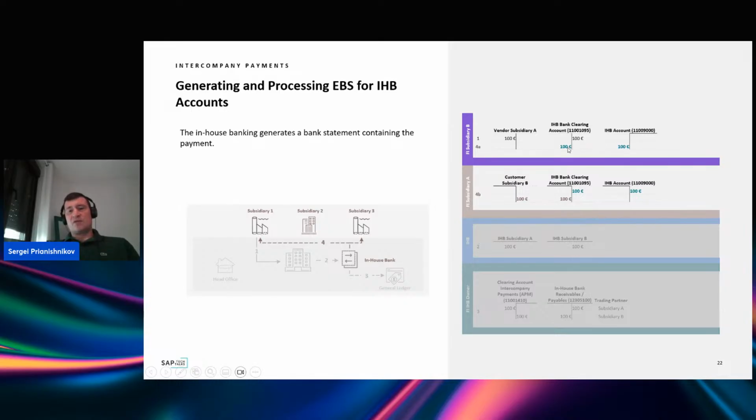When the bank statement is processed on the subsidiary side, the system generates a posting to the in-house bank account. For one subsidiary it will be debit, for the other it will be credit, with correspondence to the in-house bank clearing account. And for the subsidiary customer, within bank statement processing the system also credits the customer subledger. It's probably clearing of a customer invoice.